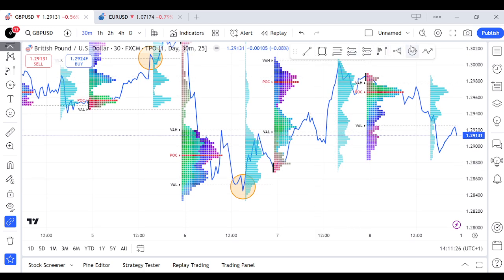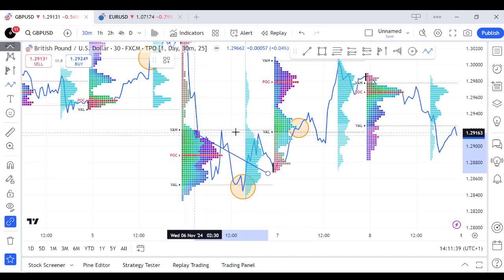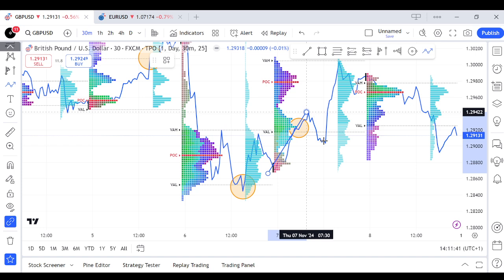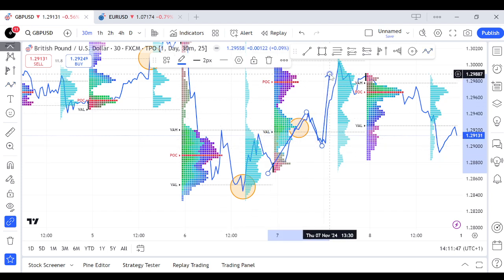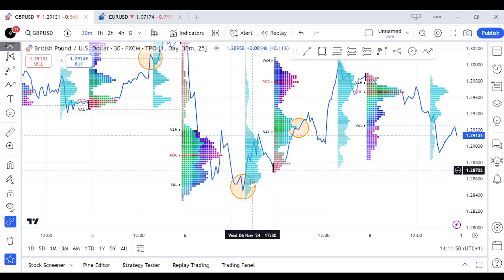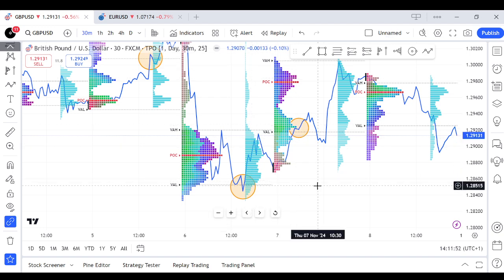You can see price breaking out of this value area high right here, and there was a retest. Price here broke out of this value area high right here. There was a retest back into the mean before the push to the upside. So that is one way you can use the value area high and value area low for potential trading opportunities.